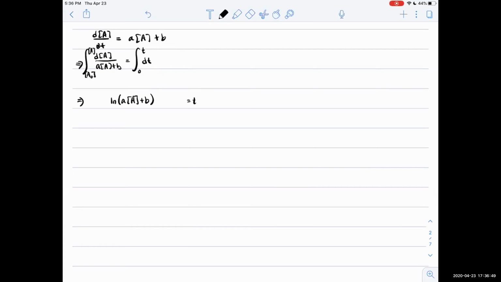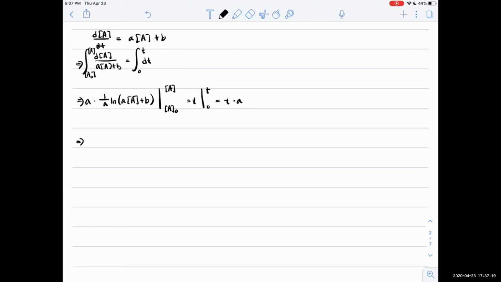Because we have the constant a in front of the variable we're integrating with, by the chain rule, if you take the derivative here, you're going to take out a additionally. So we have to get rid of that by having 1 over a. Then the boundary is from the initial concentration to the final concentration, and t is from 0 to t, which is just equal to t. Then I'm going to move the 1 over a to the right side, so multiply a on both sides.